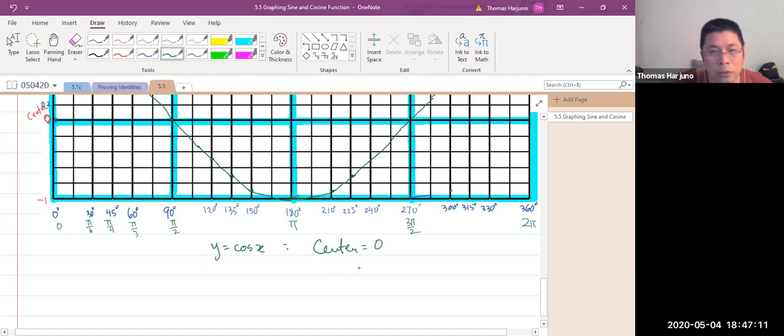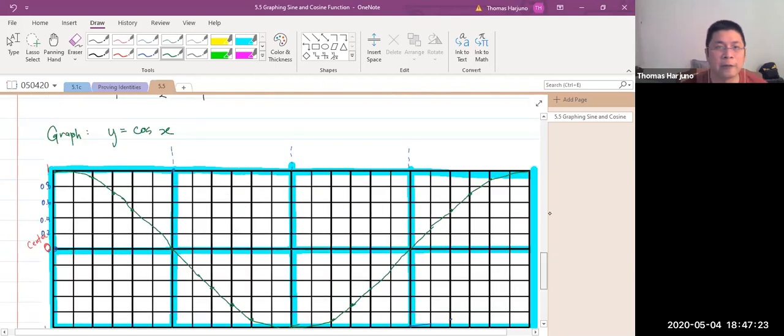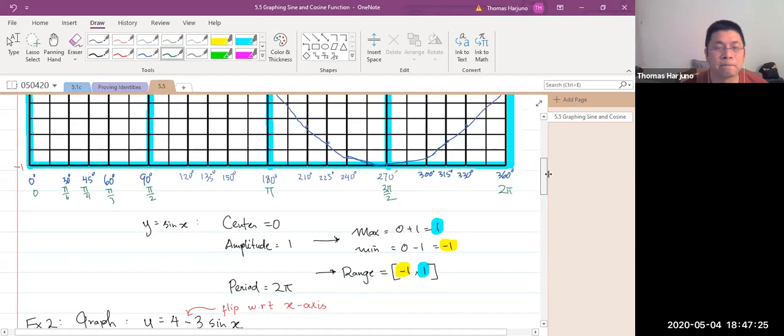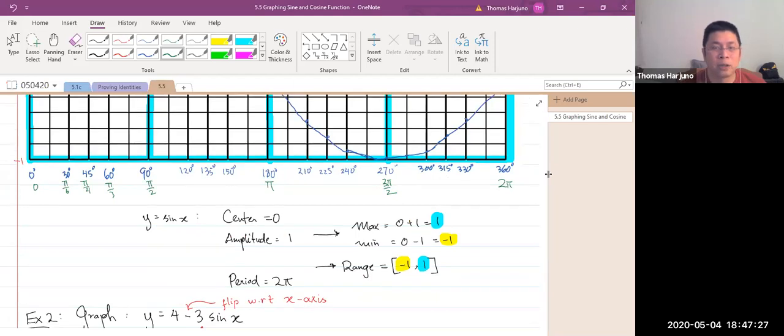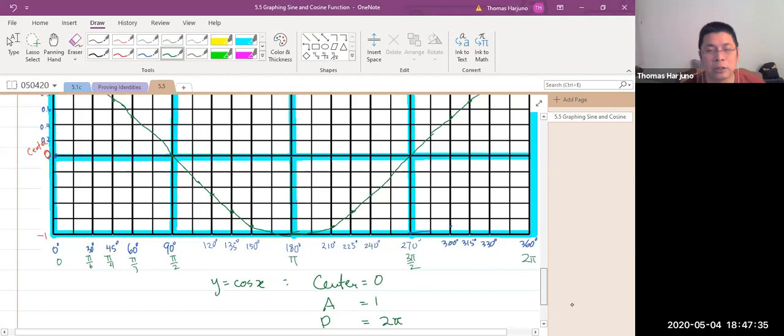The amplitude is 1. The period is 2 pi. Actually, if you think about it, it's exactly the same information as what we have for sine. The center is 0, the amplitude is 1, the period is 2 pi. Exactly the same. It's just the starting point is different.